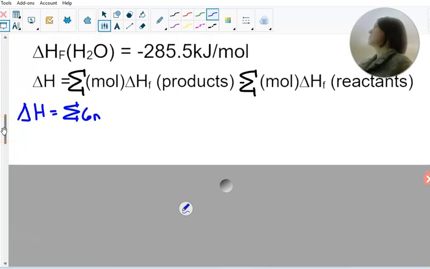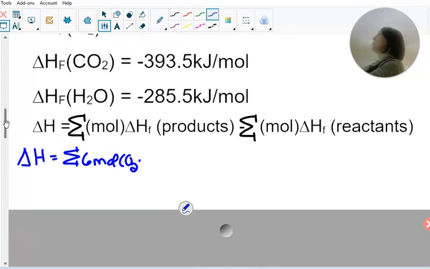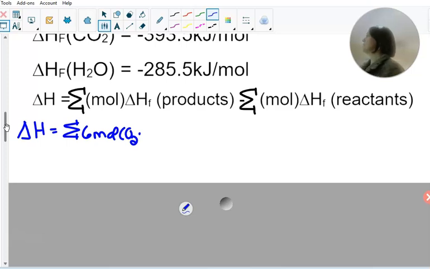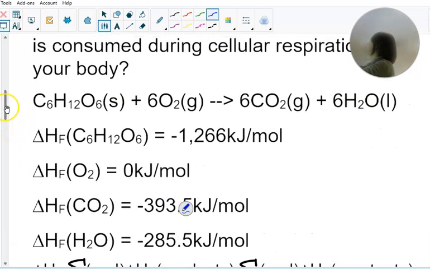So 6 moles CO2 times, we have our delta H of carbon dioxide, which is negative 393.5 kilojoules per mole, plus, remember it's sigma, so it's the sum of all of that. And I'm going to do my parentheses. So then we're going to do water.